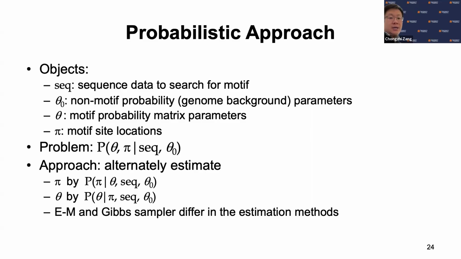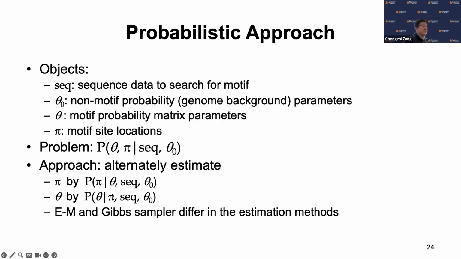The EM approach is to alternately estimate a certain motif PWM, a position weight matrix, and identify the positions of this motif's occurrences.